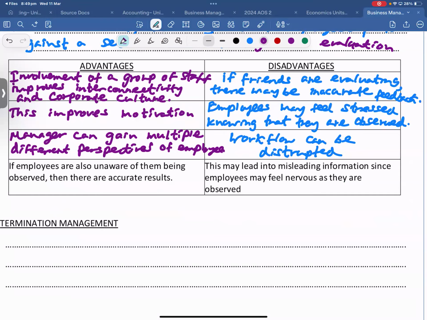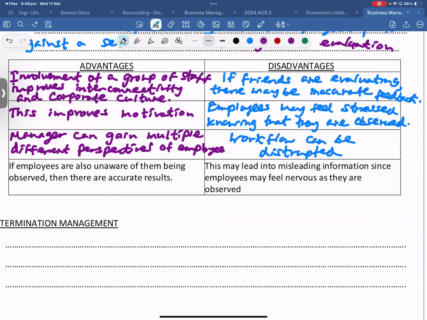Management by objectives. Yes. And then self-evaluation. Employee observation. Performance appraisal. That's it, right? That's it.